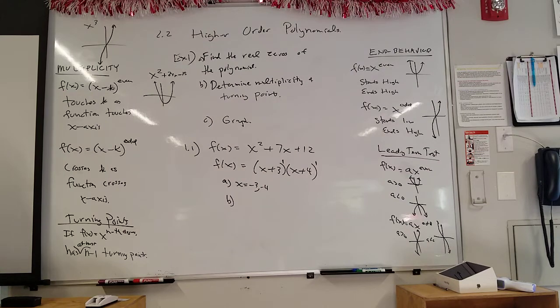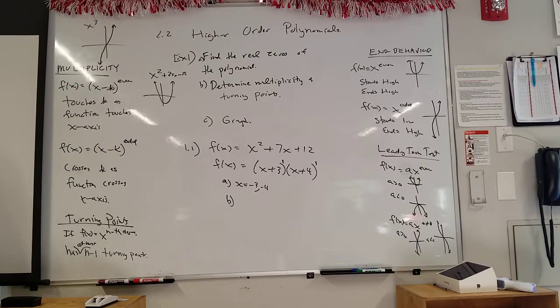Correct. The turning point is the change of direction from going up to going down, or from going down to going up. So then x to the third cannot have more than 2 turning points? X to the third, yep, can't have more than that. It can have 0, and it can have 2, but not more than that.